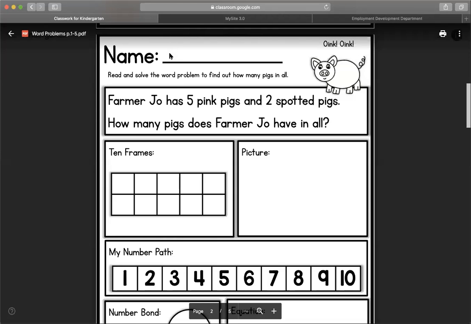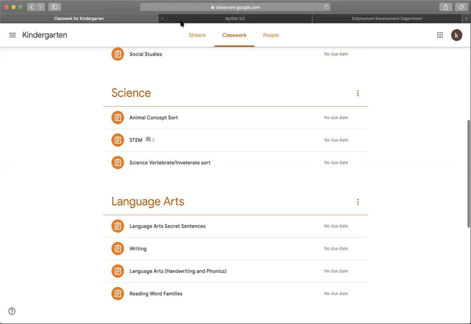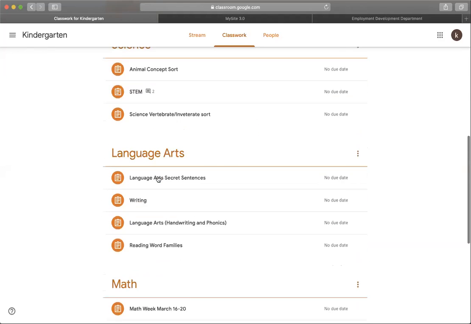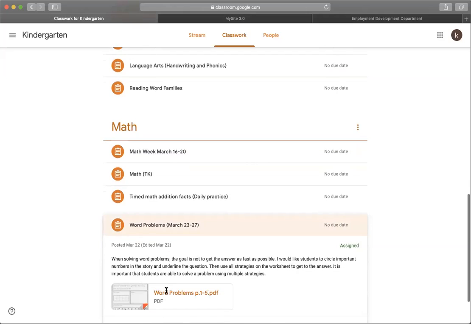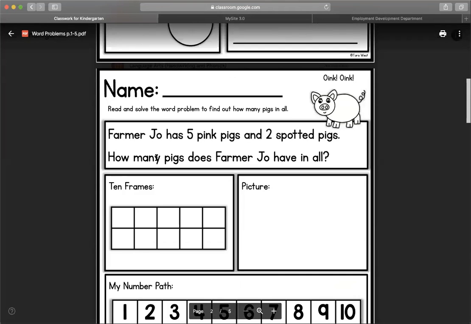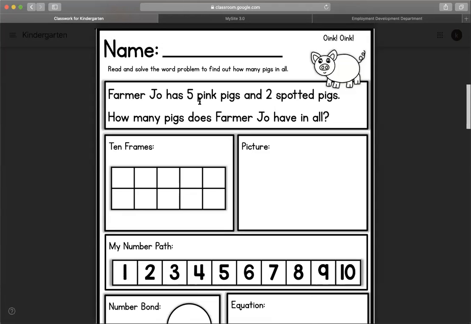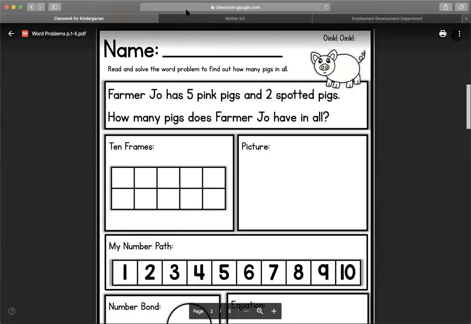Farmer Joe has. Sorry. It's okay. Okay. Farmer Joe has 5 pigs. No, what's that word? Color. Pink. Good job. Pink pigs.